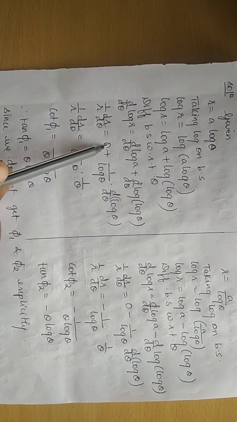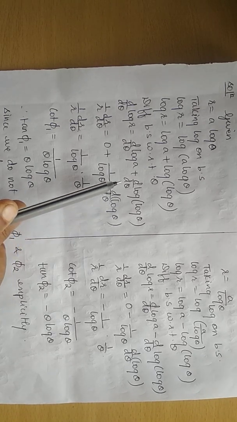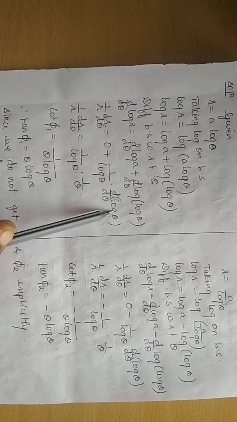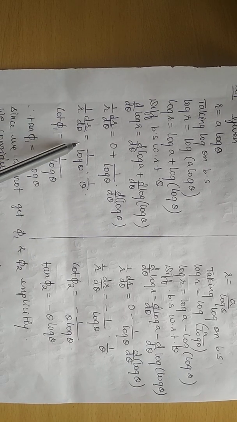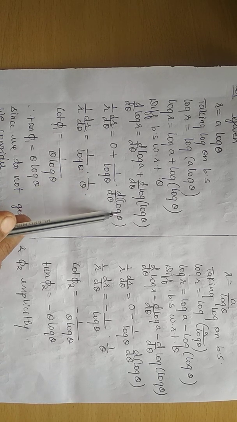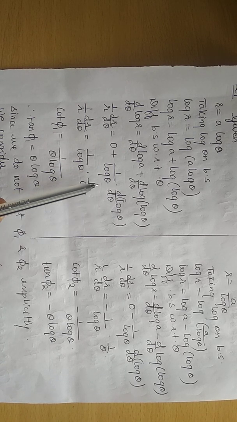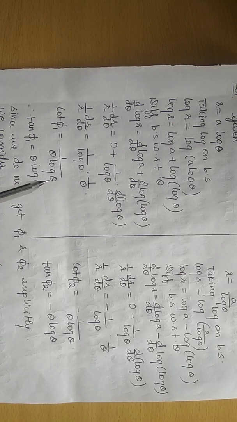Log u derivative is 1 by u into differentiation of u. So 1 by r into dr by d theta is equal to 1 by log theta as it is, times the derivative of log theta, that is log x, is 1 by x, so that is 1 by theta.